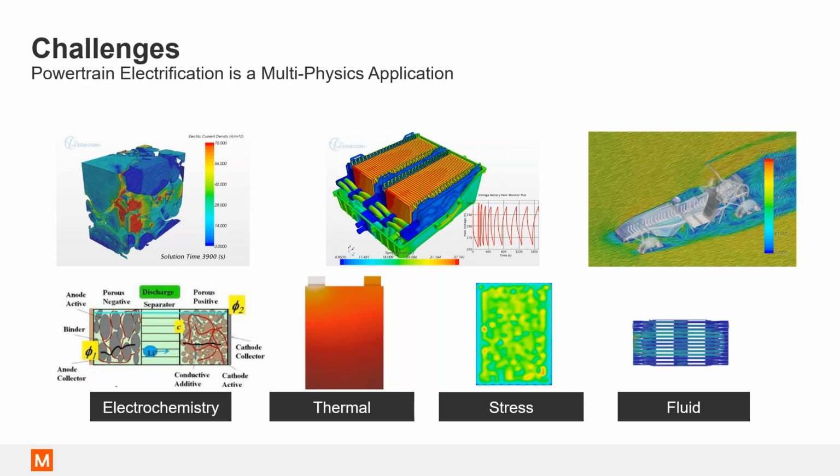And these packs themselves don't sit in open air, or they can. So you could have different kinds of fluid domains. It could be water, oil, or air-based, and you can see whether you need more effective cooling to keep it in an operating range.